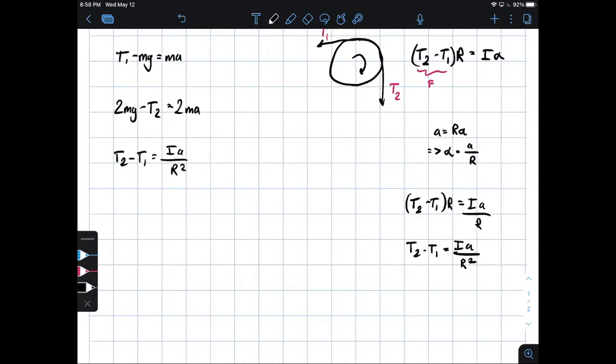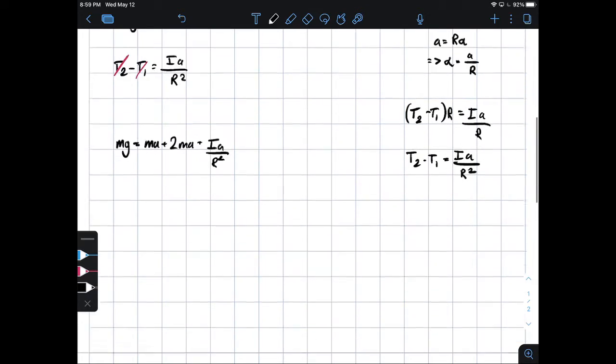Boom. Now we simply add everything up, and that's very similar to the free body diagrams you've done in the past. We can clearly see that these T2s cancel out, these T1s cancel out, and we're left with 2mg minus mg, which would obviously be mg. So mg is equal to ma plus 2ma plus I a over r squared.